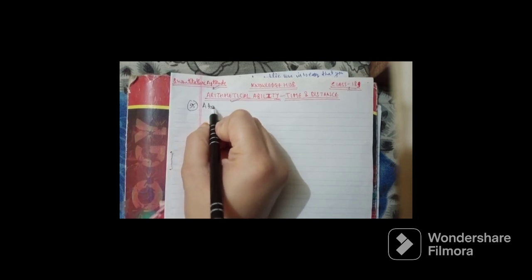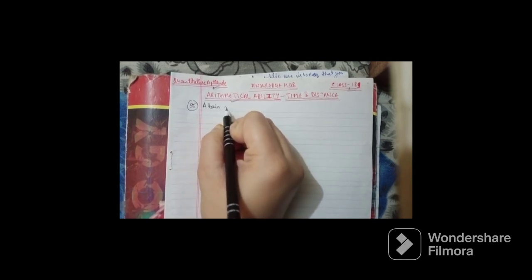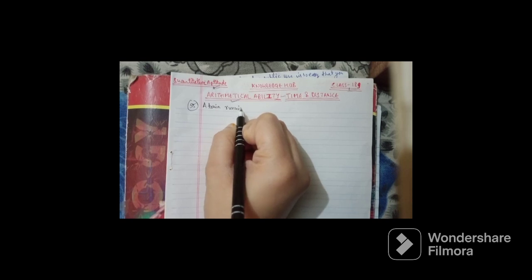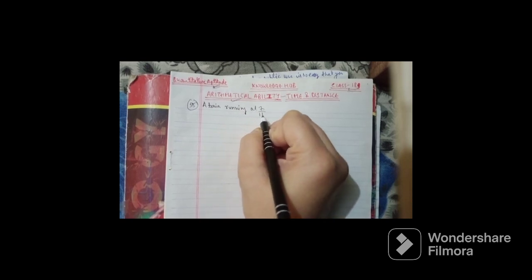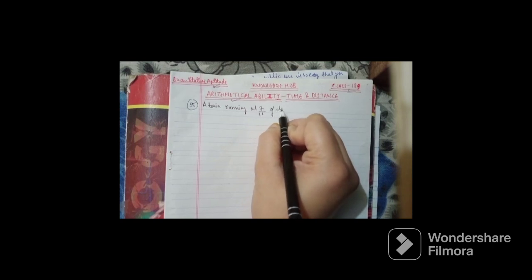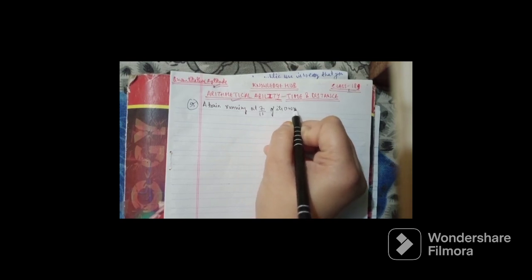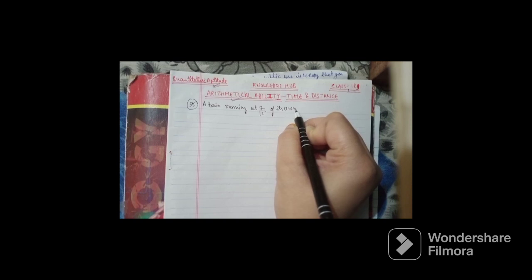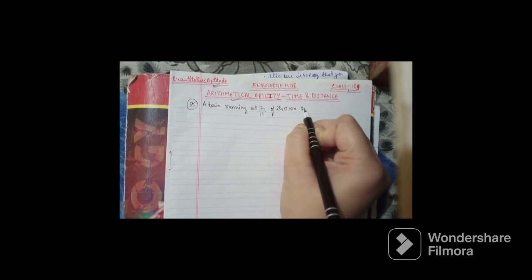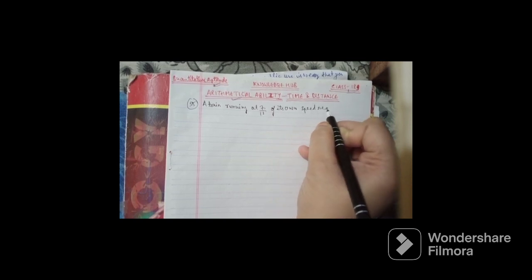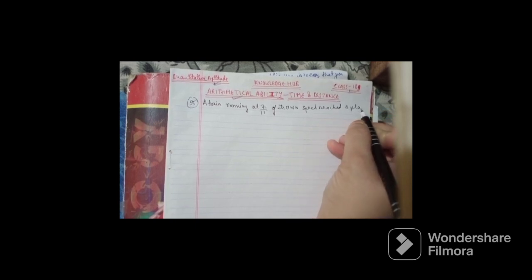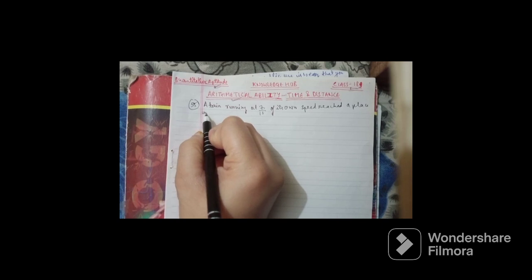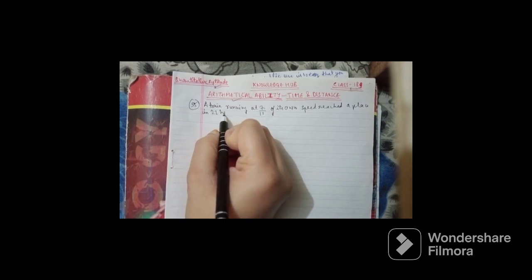So a train running at 7 by 11 of its own speed reached a place in 22 hours.